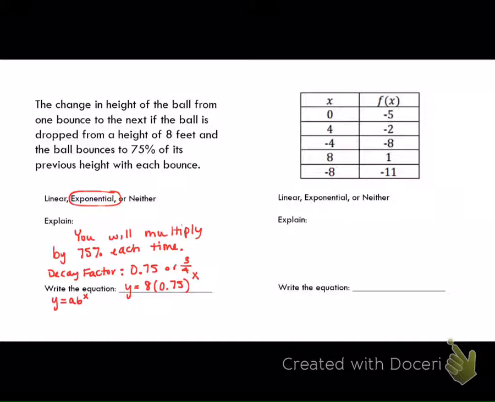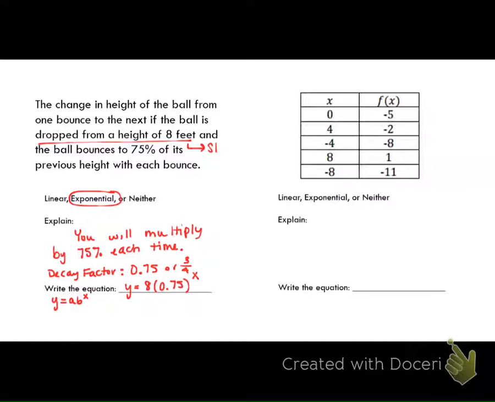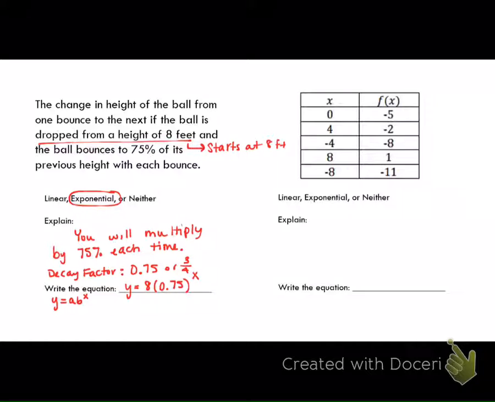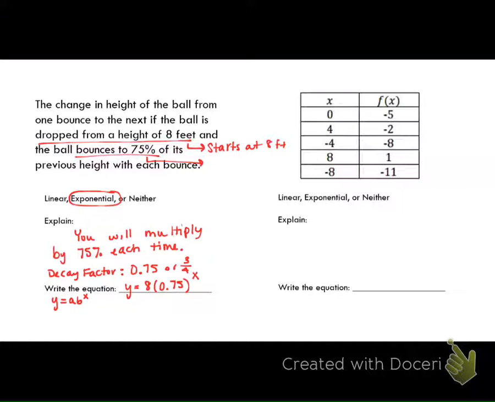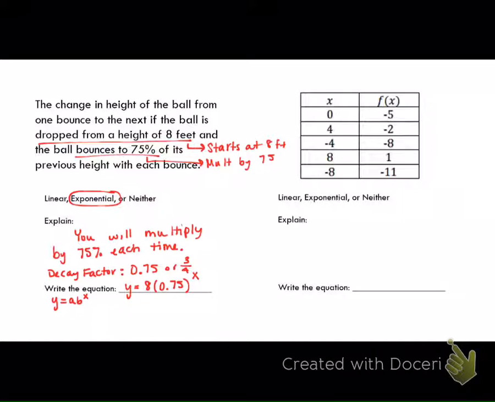So, dropped from a height of 8 feet, so this is what it starts at, and is multiplied by 75%. So we got those pieces from there.